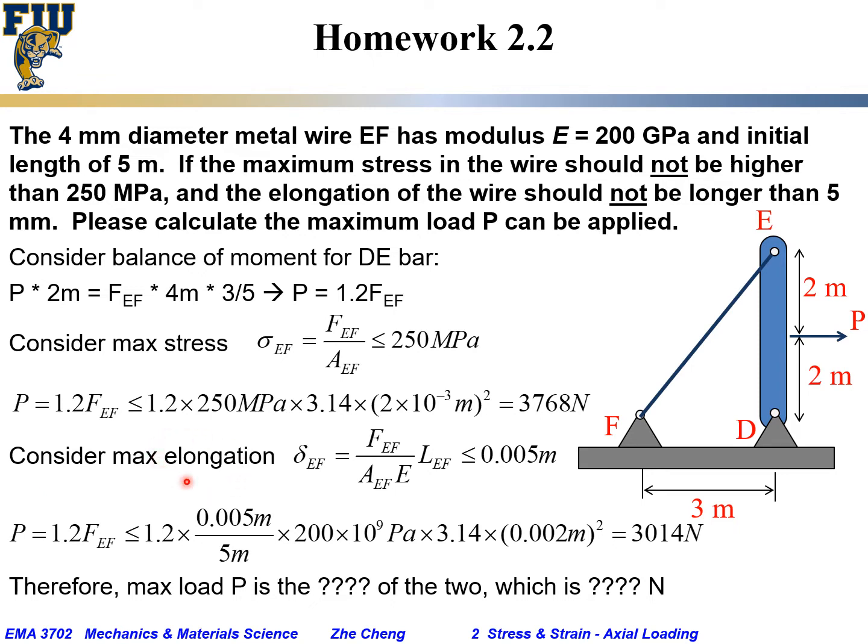Here is absolute elongation. Delta for absolute elongation, for EF, if we go back to our equation, would be FL over AE. Or you can say the absolute elongation is strain times initial length. And what is strain? Strain would be stress over elastic modulus.